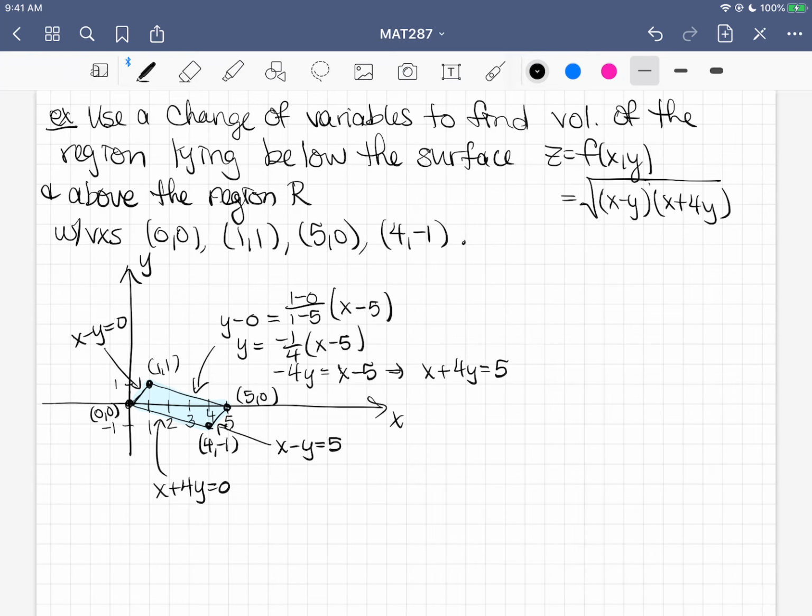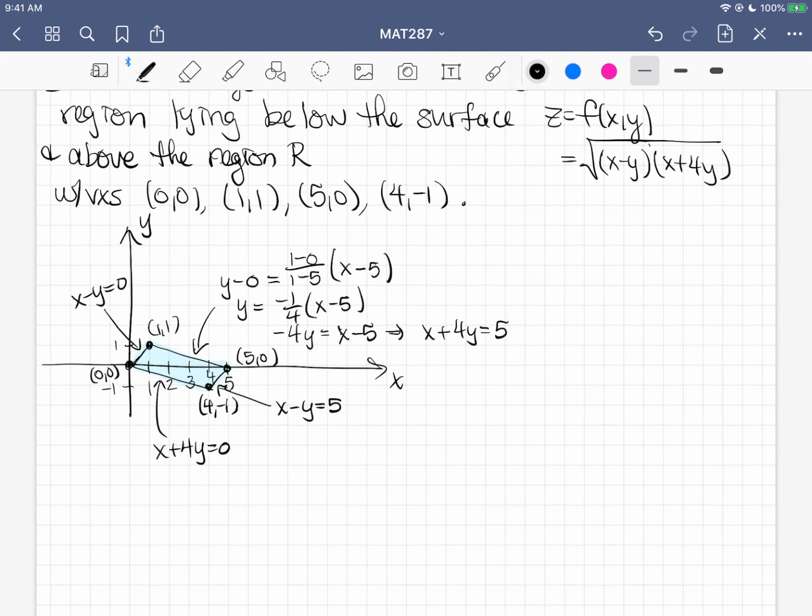This is what's going to help us figure out what our transformation is. I can see here I've got x plus 4y and x plus 4y, and an x minus y and an x minus y. So I want one of those to be u and one of those to be v. I'm going to let u be x minus y and v be x plus 4y.